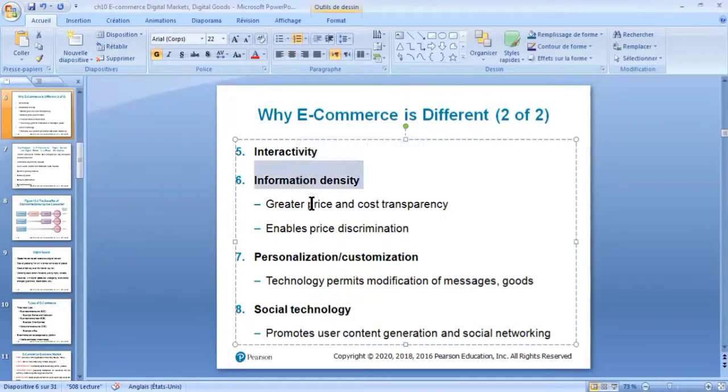Another important feature of e-commerce is the information density. Okay.